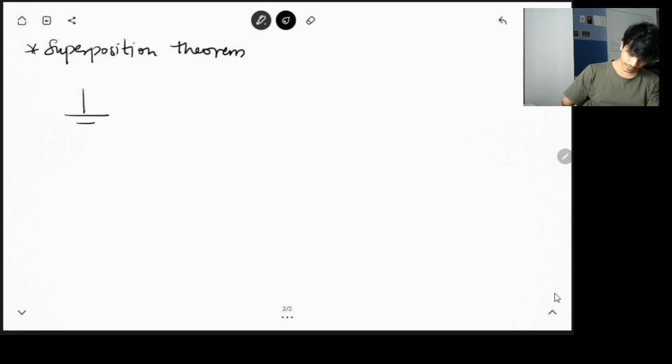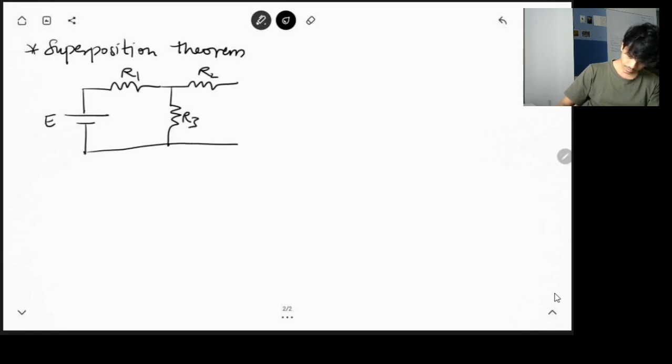Suppose I have a circuit that looks like this. So here, this is a voltage source. Then let's put some resistances. Let's call this R1, R2, R3, and over here I'm going to put a current source.